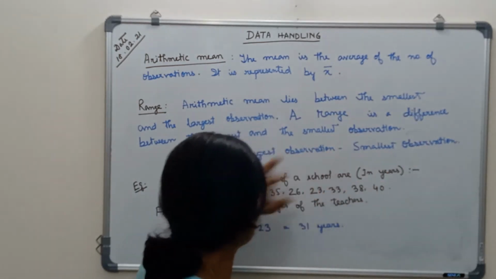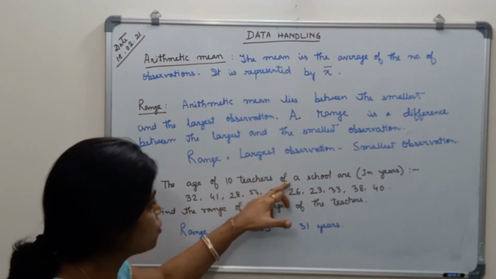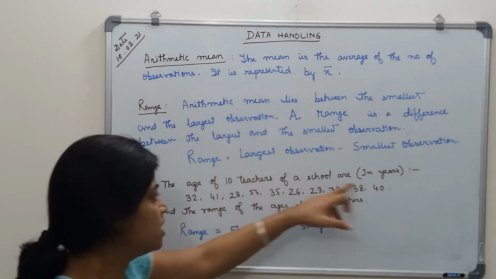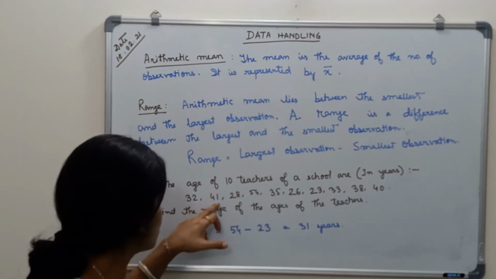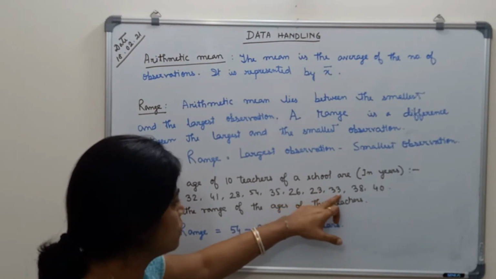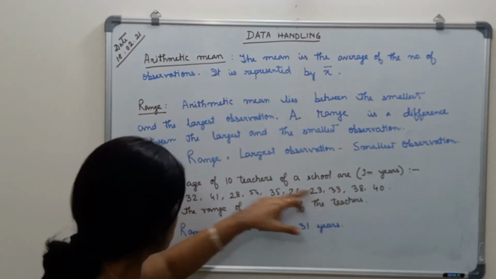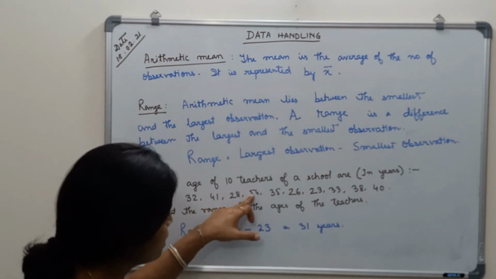This is the difference. For example, if we take the ages of 10 teachers of a school, age in years. The ages of the teachers are 32, 41, 28, 54, 35, 26, 23, 33, 38 and 40. Amongst these, which is the highest age? Say 50, more than that?